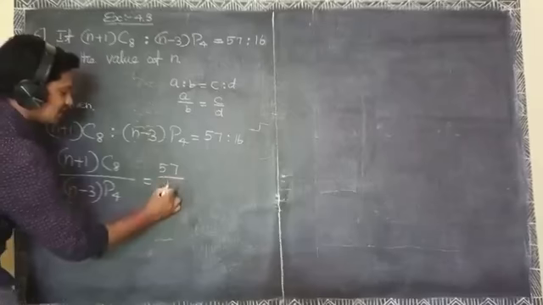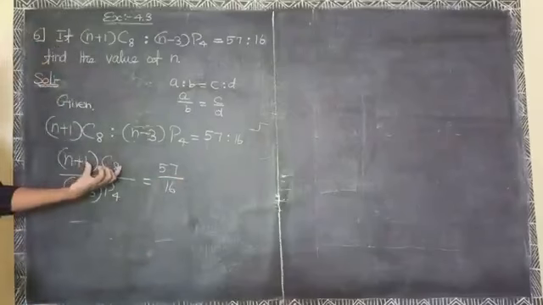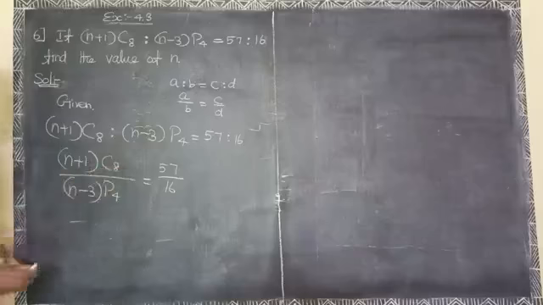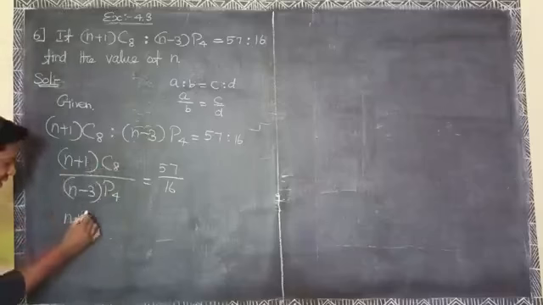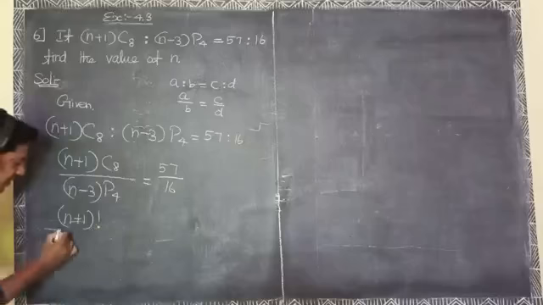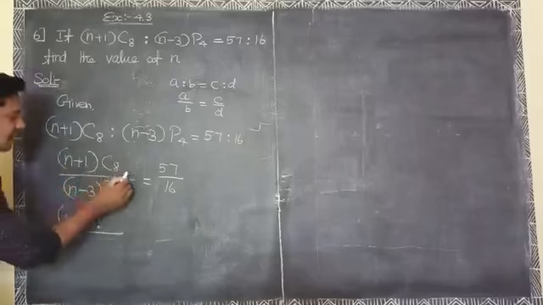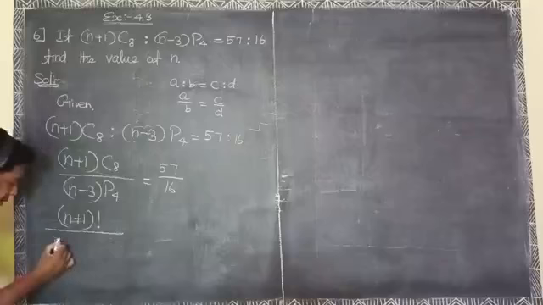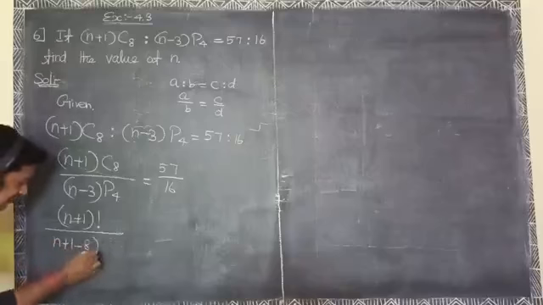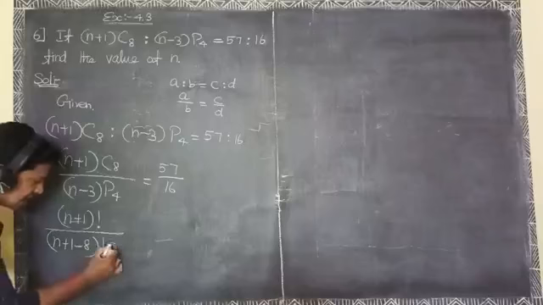Using the formula of combination, that is (n+1) factorial divided by (n+1−8) factorial into 8 factorial.